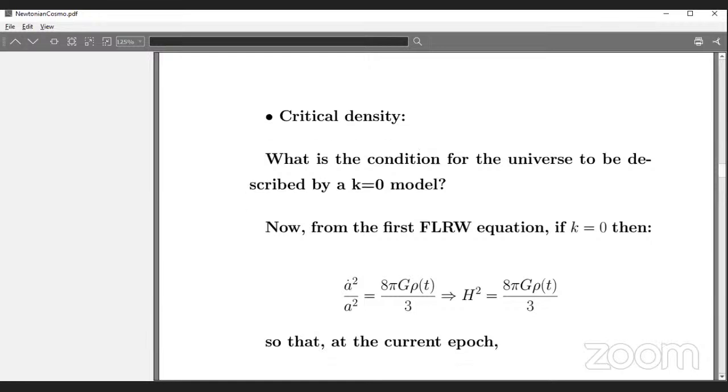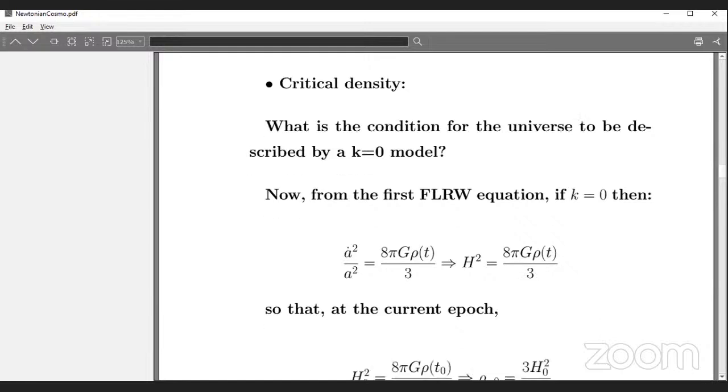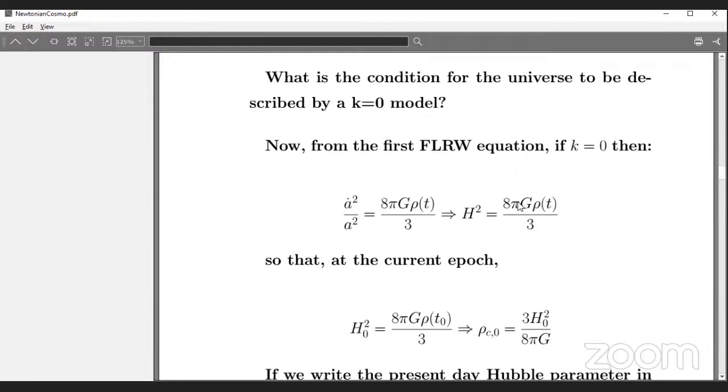Now, if we evaluate this equation, H squared equal to 8 pi G rho divided by 3, at the present epoch of our universe, we know H at the present epoch by definition is the so-called Hubble constant, also called H0. So at the present moment, this condition reads: the square of the Hubble constant must be equal to 8 pi G times the mass density of the universe divided by 3.